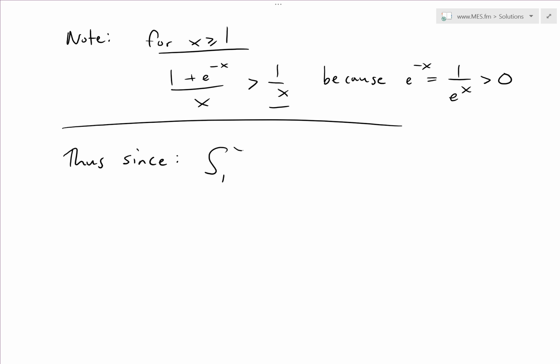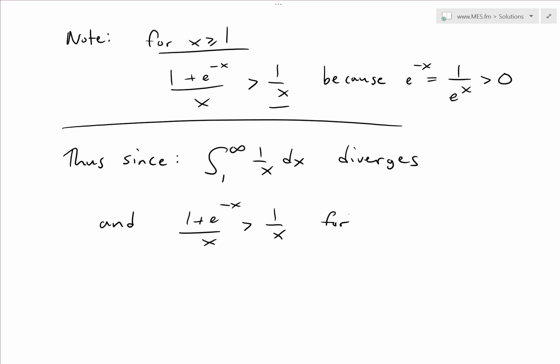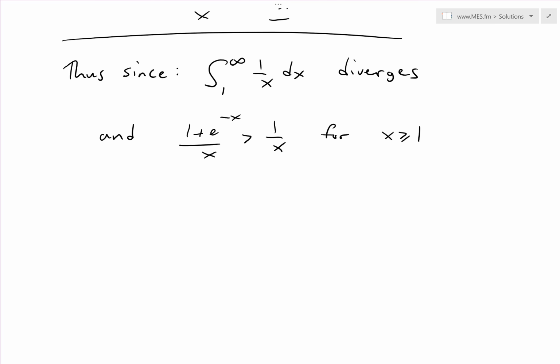Thus, since the integral from 1 to infinity of 1 over x dx diverges, and we also have (1 plus e to the power negative x) all over x greater than 1 over x for the interval that we're integrating over, x greater than or equal to 1, then the integral from 1 to infinity of (1 plus e to the power negative x) over x dx also diverges.